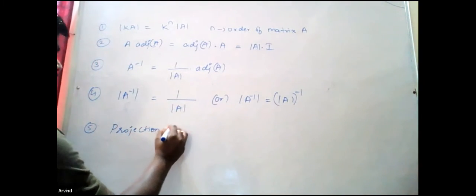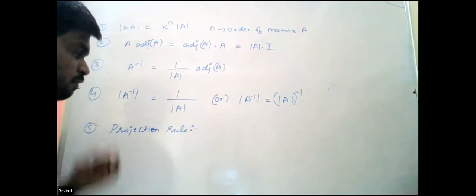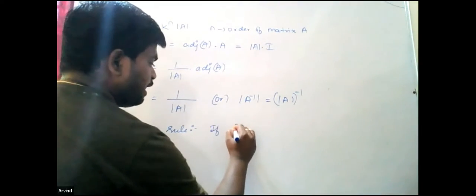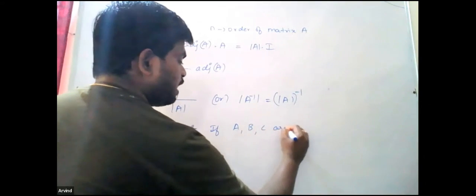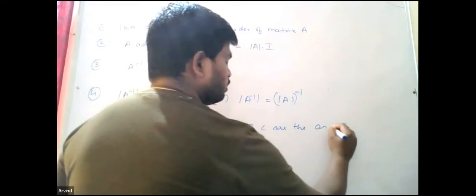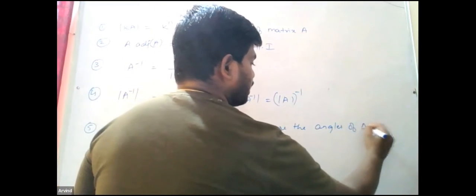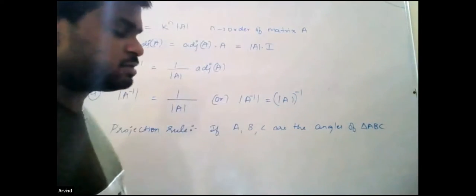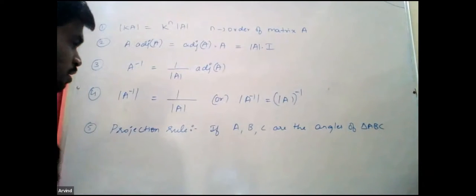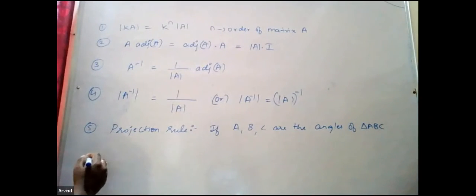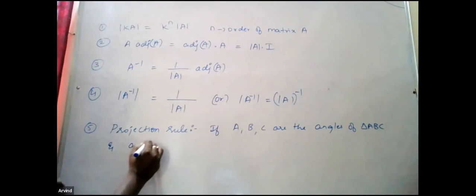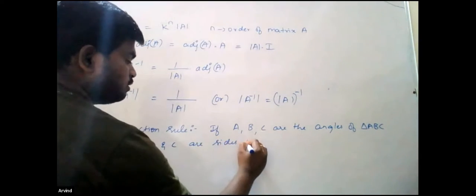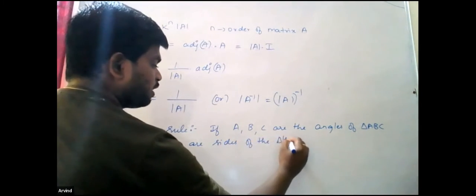The projection rule should have been given in trigonometry. Take down now. Suppose A, B, C are the angles of triangle ABC, and small a, small b, and small c are the sides of the triangle.